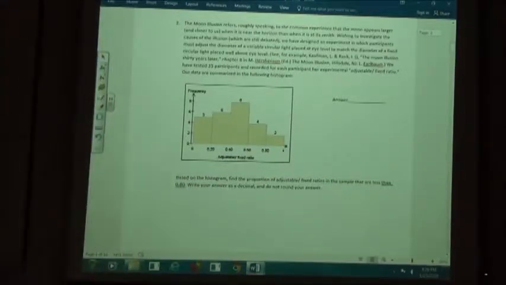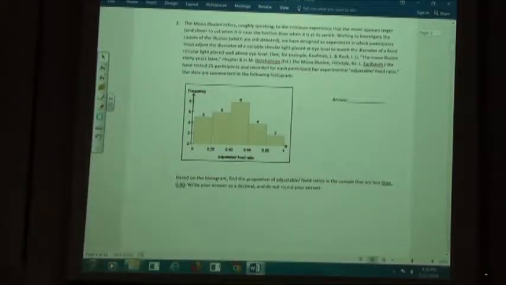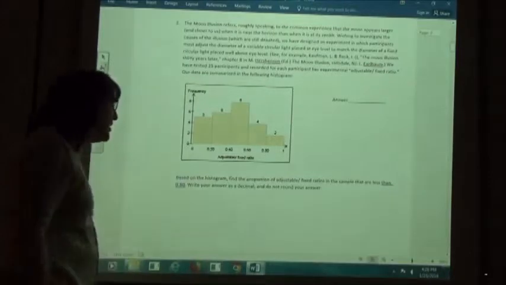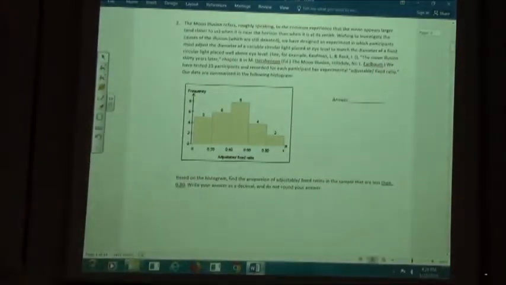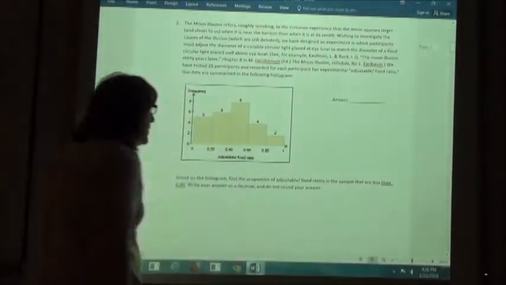They have a thing where they looked all this stuff up. We have tested 25 participants and recorded it for each participant. Based on the histogram, find the proportion of adjustable to fixed ratios in the sample that are less than 0.80. Write your answer as a decimal, do not round.